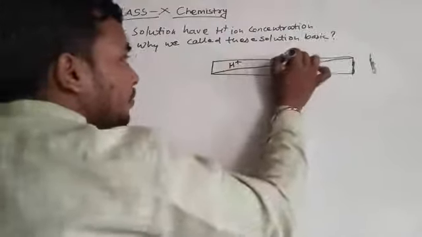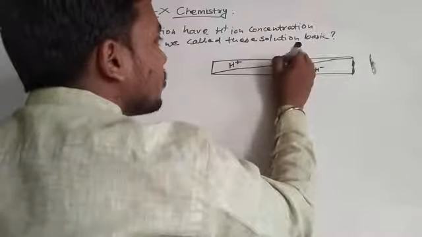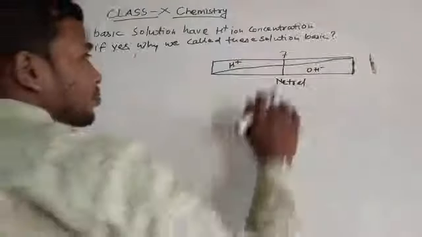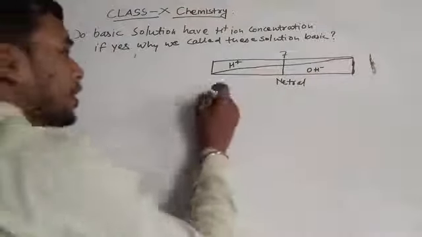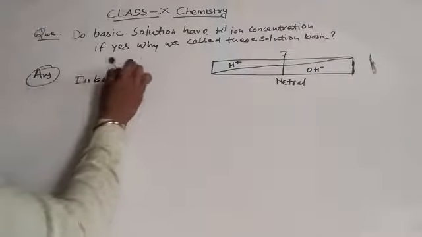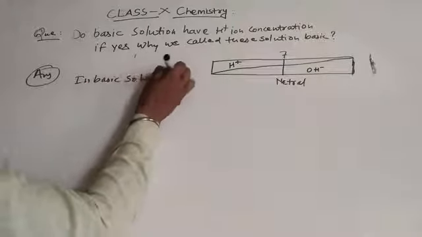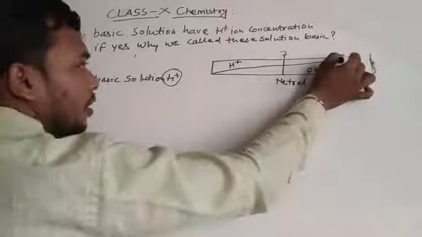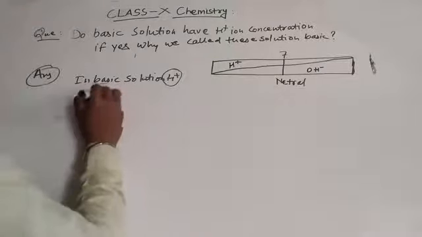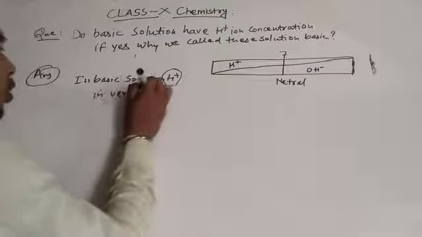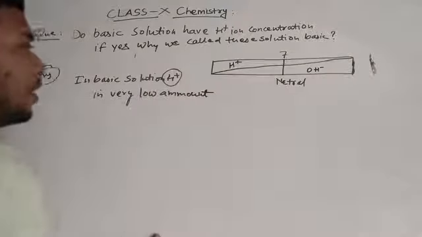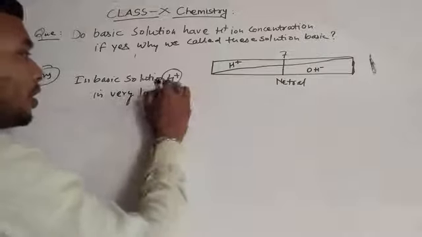Here is 7, suppose it is neutral. In basic solution there is also H plus ion contained, also seen in this diagram, but in very low amount or low quantity.